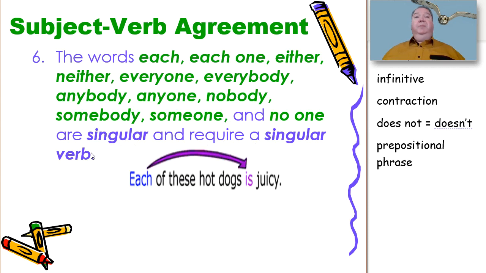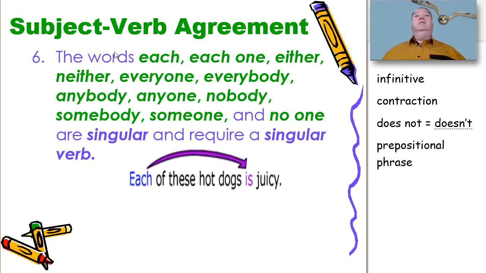Now, stop the video, go back and read each of these out loud. That helps put them in your head, helps you remember them. Each one, either, neither, everyone, everybody, anybody, anyone, nobody, somebody, someone, no one.